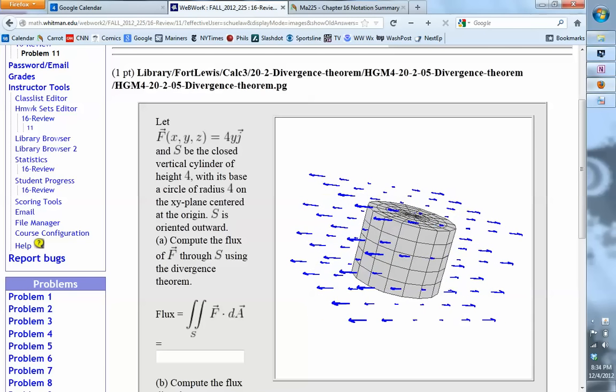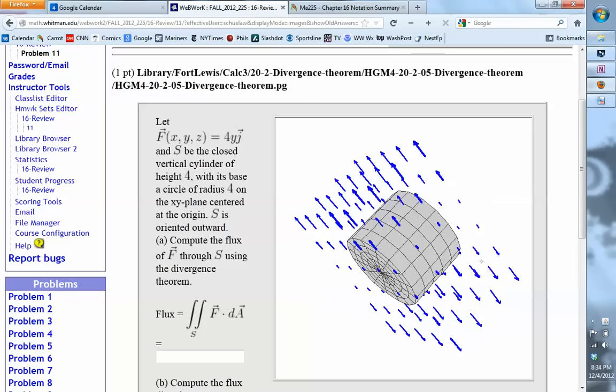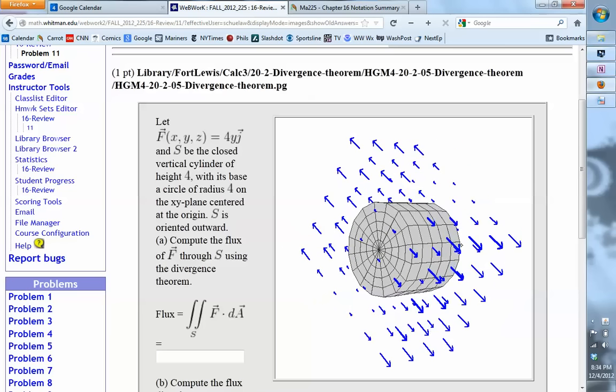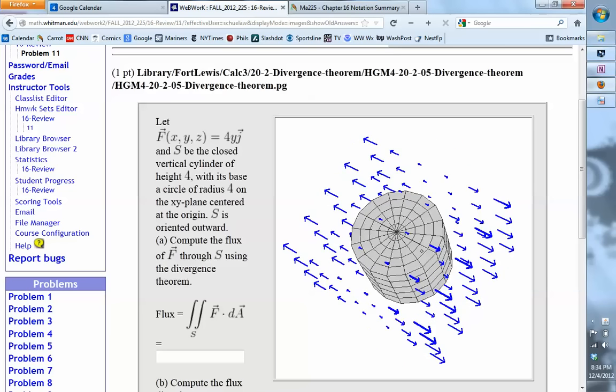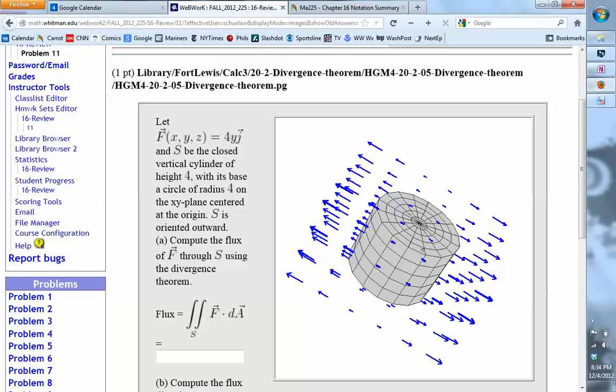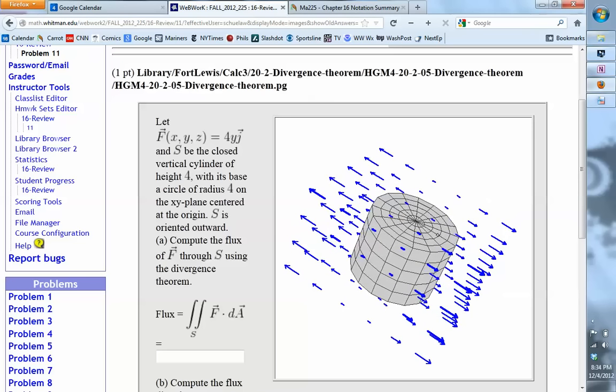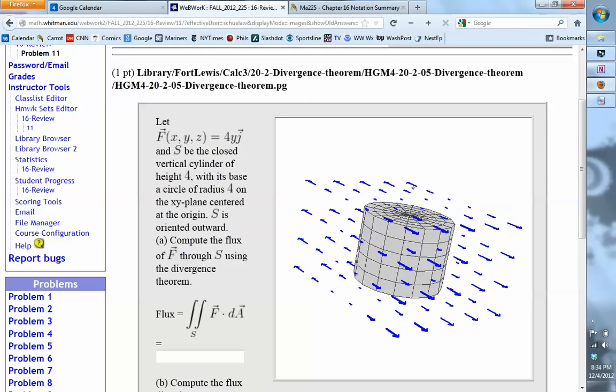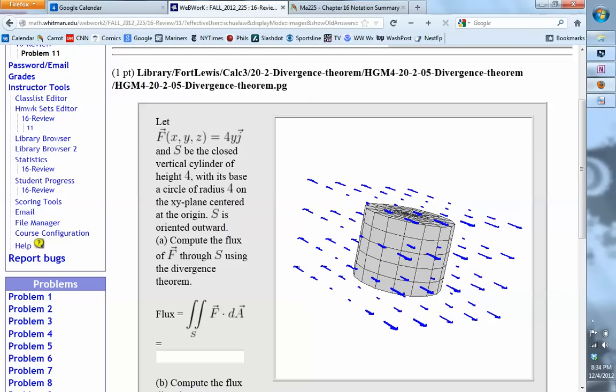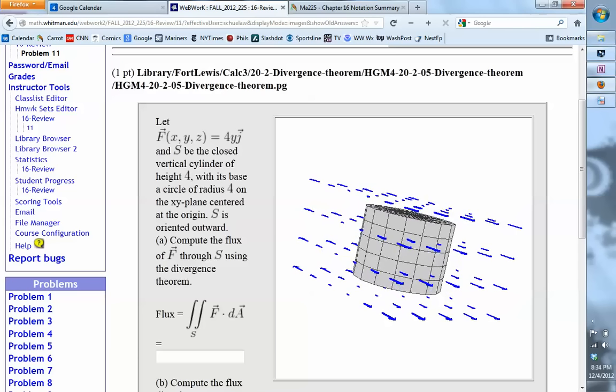Because all the vectors are parallel to the surface, perpendicular to the normal. If you took a normal, it would be pointing straight up. When you dot that with the field, you're going to get 0 everywhere.